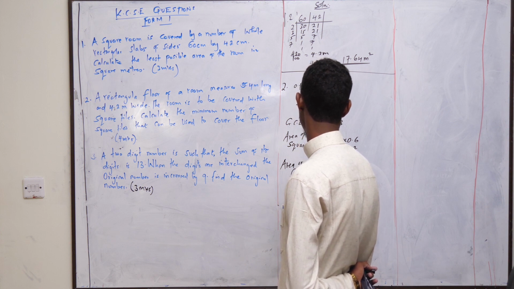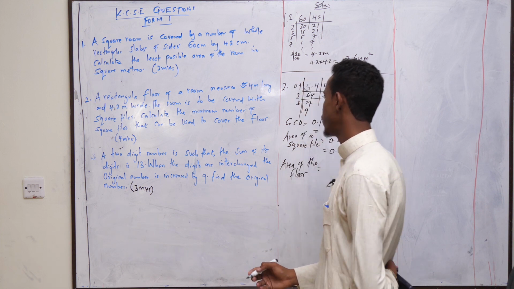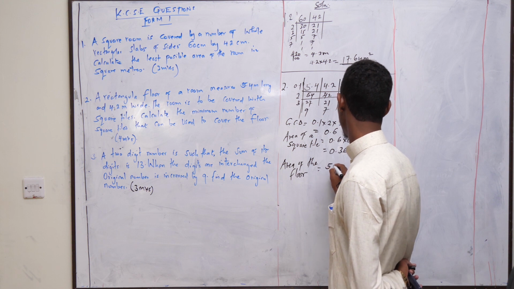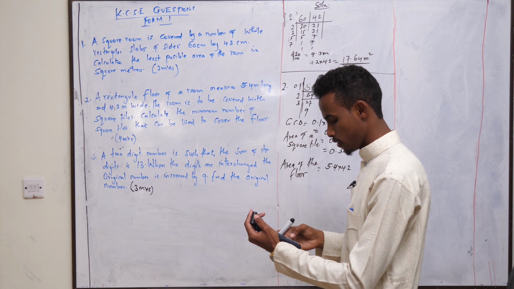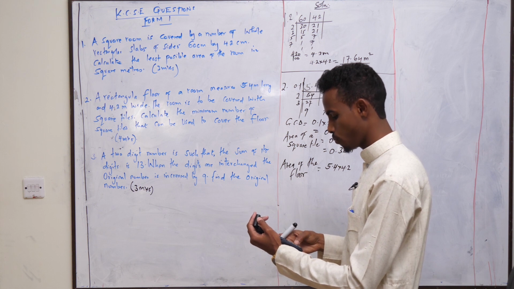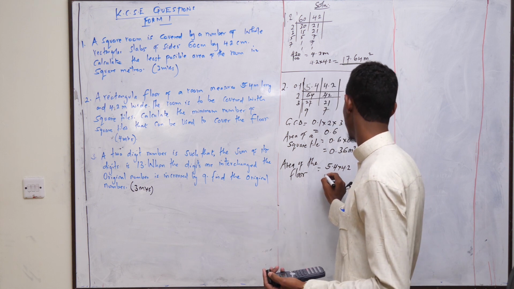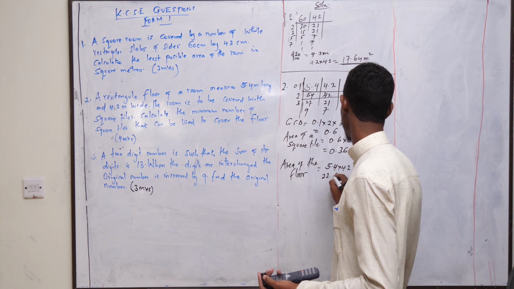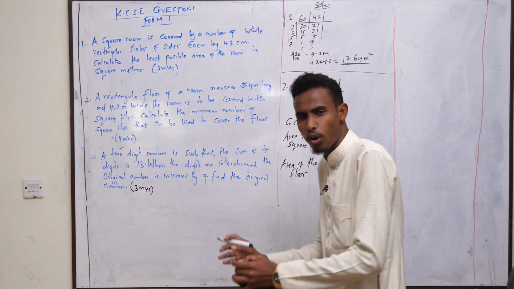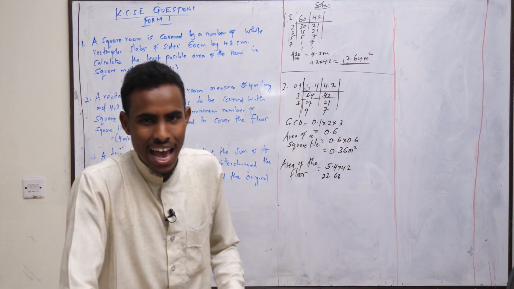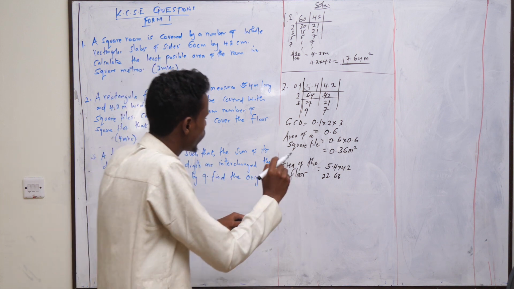Now, class, the area of the floor will be 5.4 times 4.2. Very quickly, 5.4 times 4.2, that is 22.68.